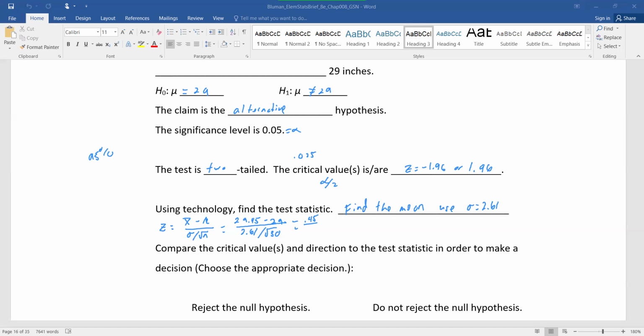I bet I could do something like this though. Let's try. Let's do 0.45 divided by, parentheses, 2.61 divided by the square root of 30, enter.